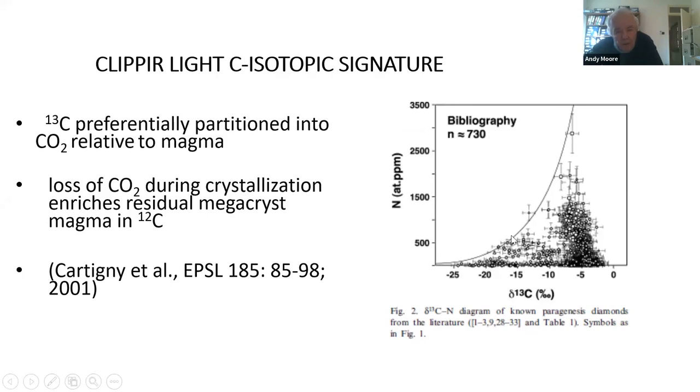So not many people seem to like this model, but what you're saying is that the light isotopic signature is compatible with subduction, but there are other potential models that can also give you light isotopic signatures. And the megacrysts, of course, are lithospheric. They're not deep.